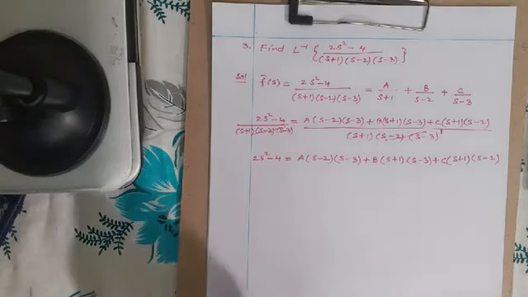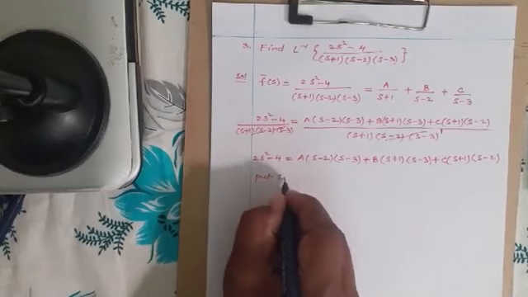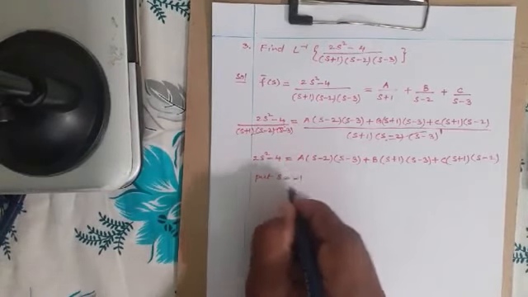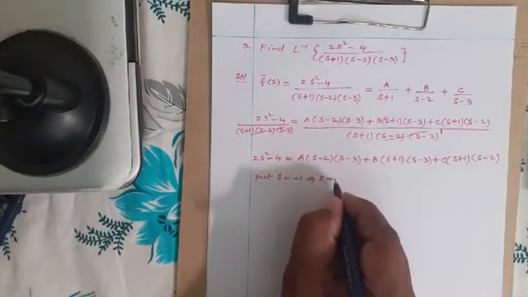How? Let us see. Now here we put s is equal to minus 1 on both sides, so you get 2 minus 4.